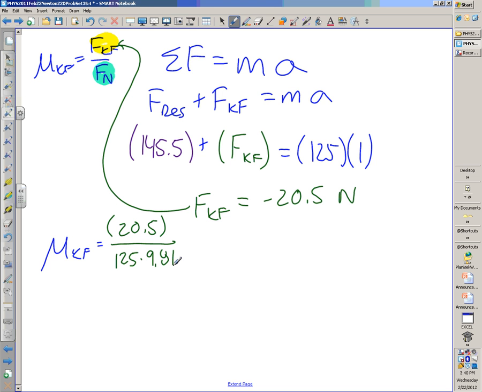And that gives me 1,226.25. Calculate that out, and I end up with a coefficient of friction equal to 0.0167.